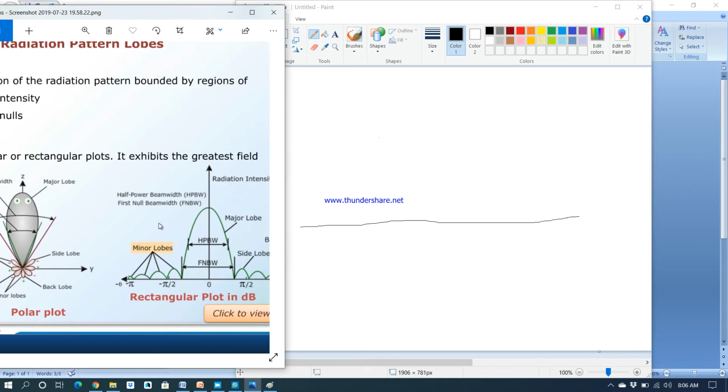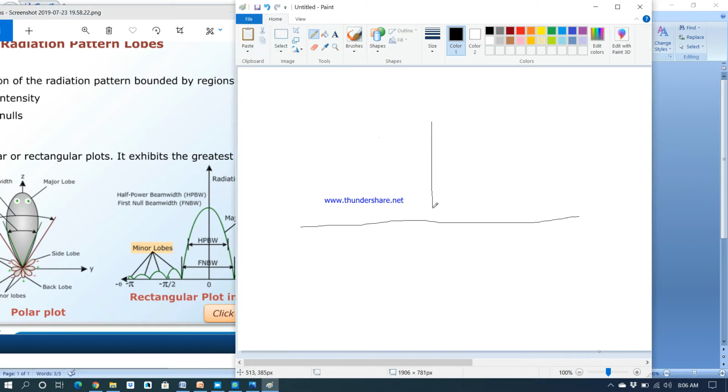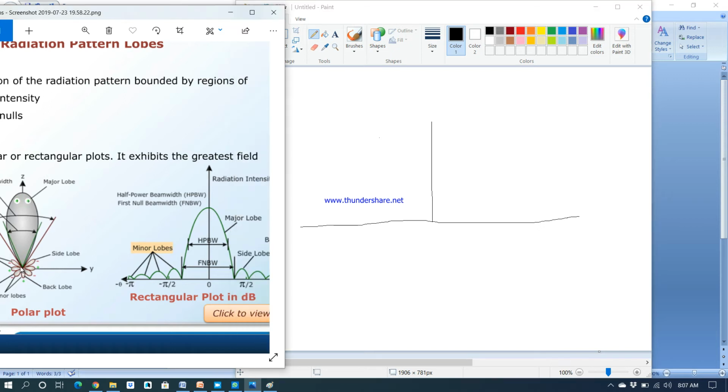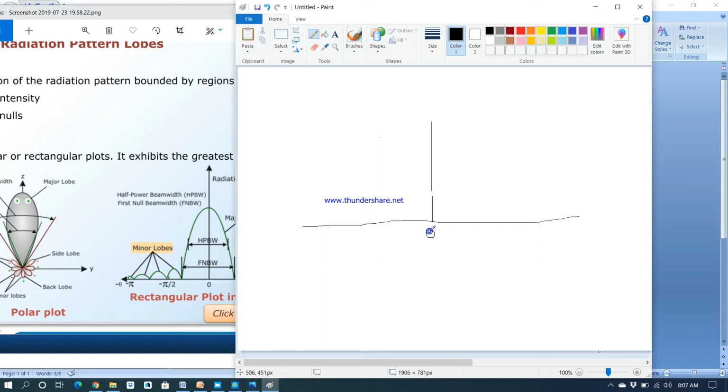This main lobe, this is the base. Okay, this V type of green sections, what we call center. That center point we assume as 0 within equal intervals, pi by 2, minus pi by 2, okay, minus pi and pi and so on.